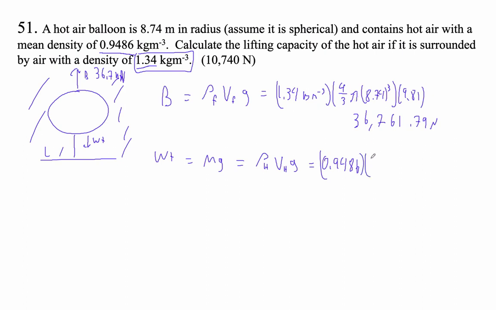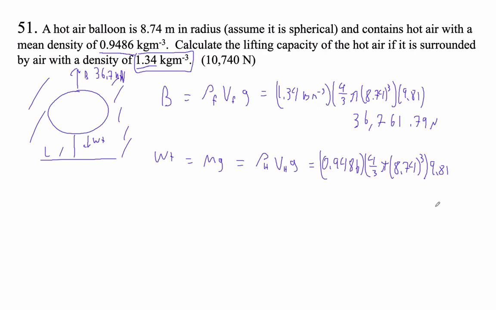The volume is the same as this, 4/3 pi times 8.74 to the third times 9.81. I'm literally going to do the same exact calculation, only changing the density I use. There's a shortcut here. I'll talk about it in a sec.